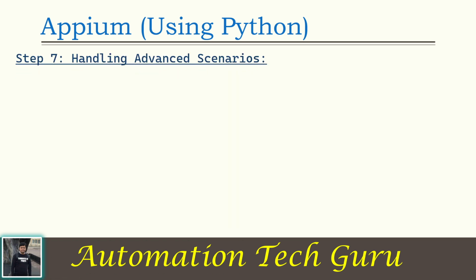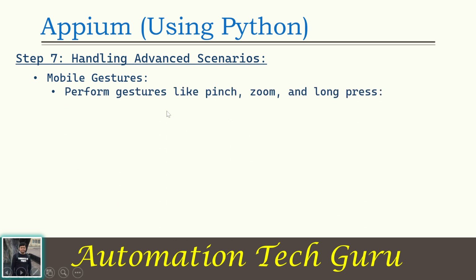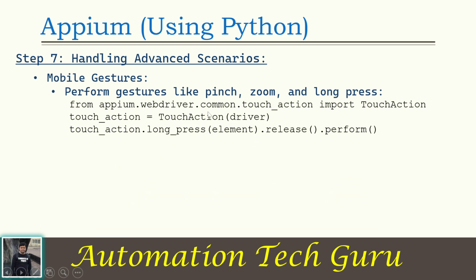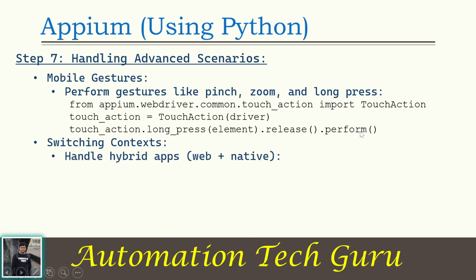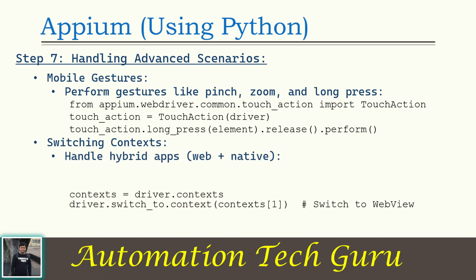How to handle advanced scenarios. For advanced scenarios, mobile gestures: perform gestures like pinch, zoom, or long press from appium.webdriver.common.touch_action import TouchAction, action = TouchAction, action.long_press(element).release().perform(). Switching context: handle hybrid apps, web plus native.